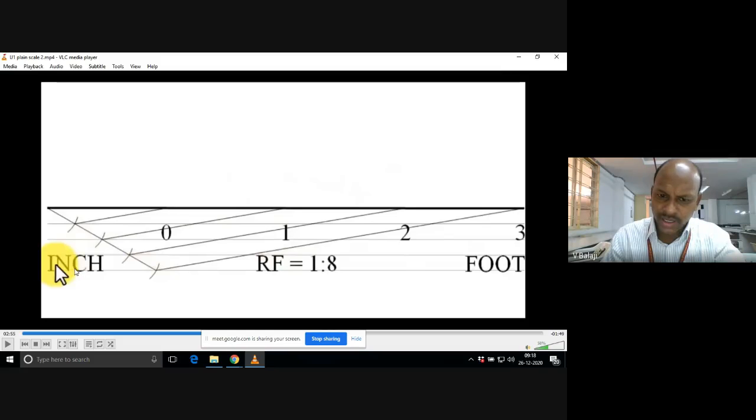In the problem nothing is mentioned about what is to be marked on this scale, so I will tell you, you can use this scale for 2 purposes. One, you can relate foot and inch, and also you can relate yard and foot. So let us take the relation between foot and inch. Do you remember what is the relation between 1 foot and inch? 1 foot is equal to how many inches?